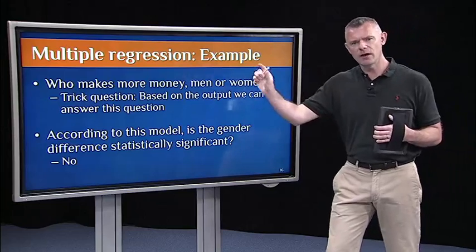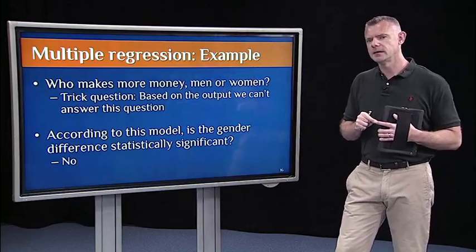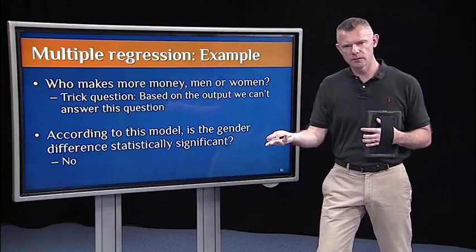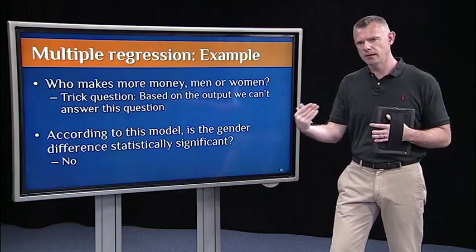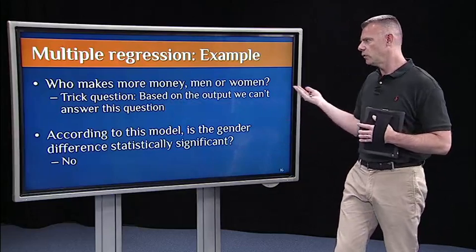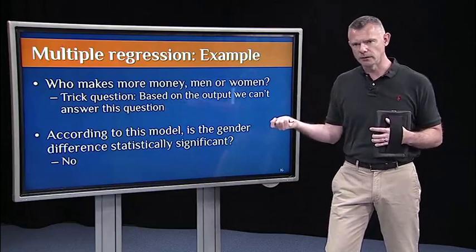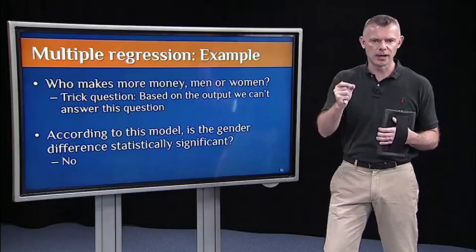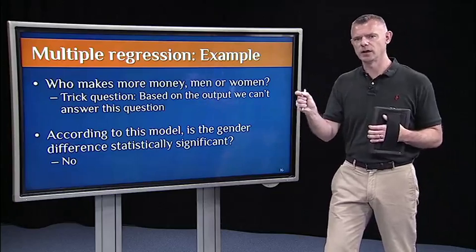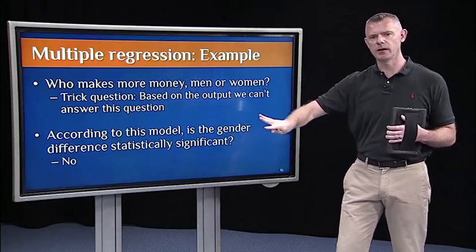But there are other variables floating around in the model, right? That's the difference between men and women for an average number of years since the PhD and an average number of publications. So who makes more money, men or women? I don't know, actually, because I didn't look at just average salary for men and just average salary for women. I looked at it in the context of these other variables.